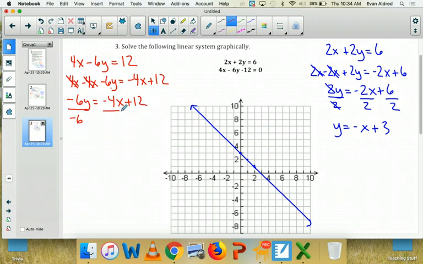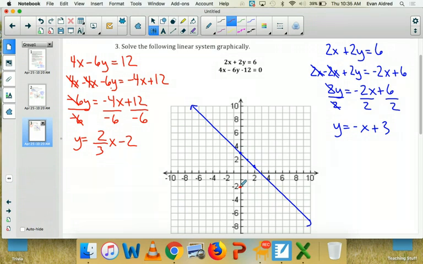Of course, we divide out the -6 across all terms, and it gives us y is equal to +2 over 3, x minus 2. Okay, so -4 and -6 reduce to 2 and 3, and since they're both negative, it becomes +2 over +3.